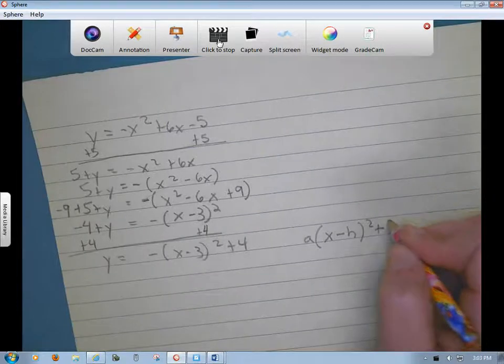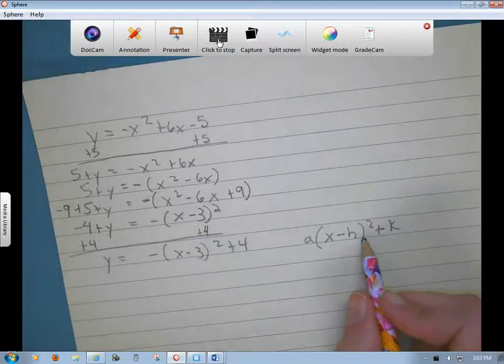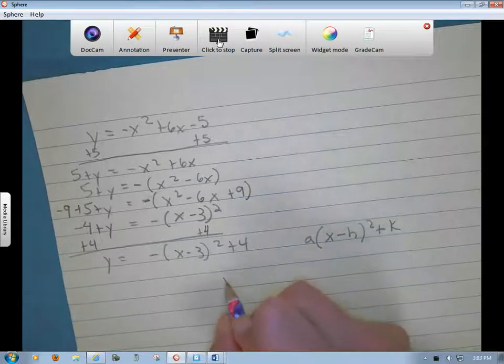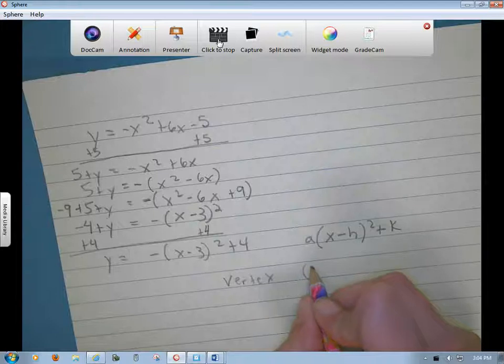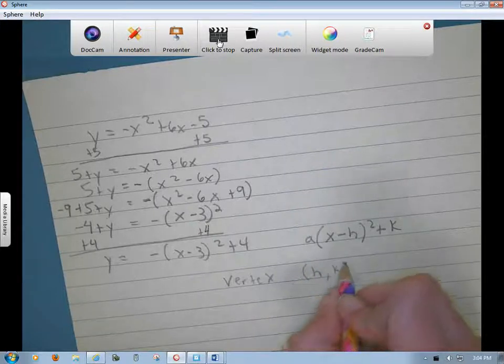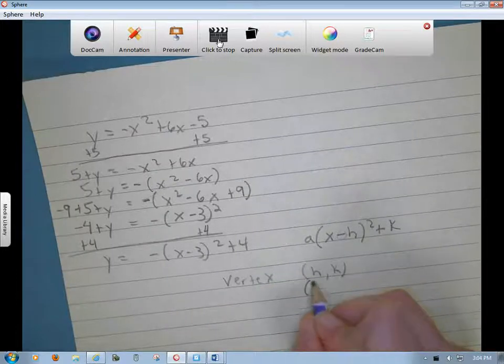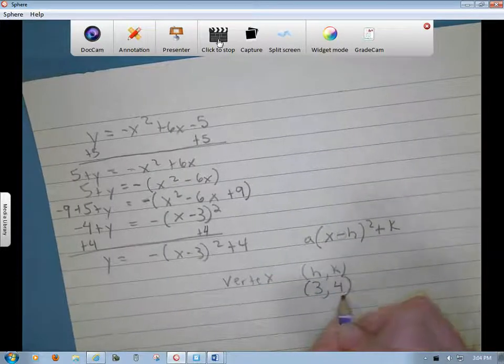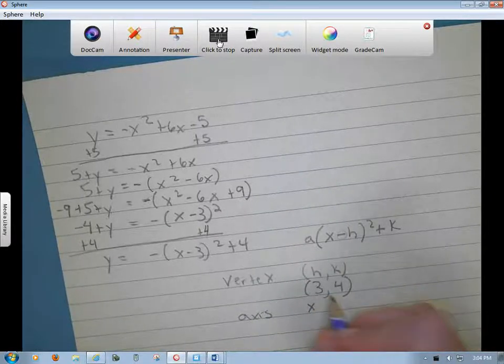Yeah. So this is our format. Remember that the vertex is really H, K. Watch that sign change. So that's really 3, 4. The axis of symmetry is a vertical line through that x coordinate.